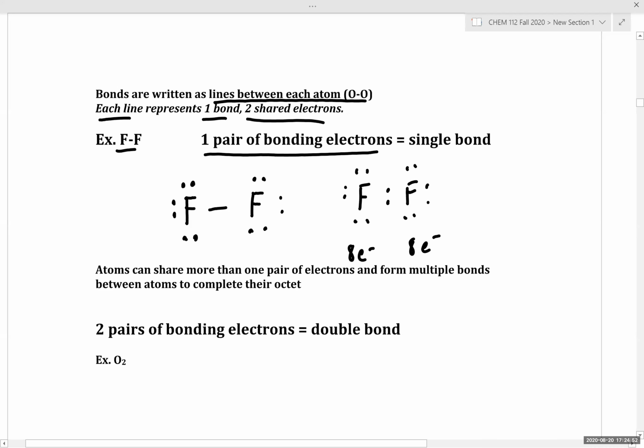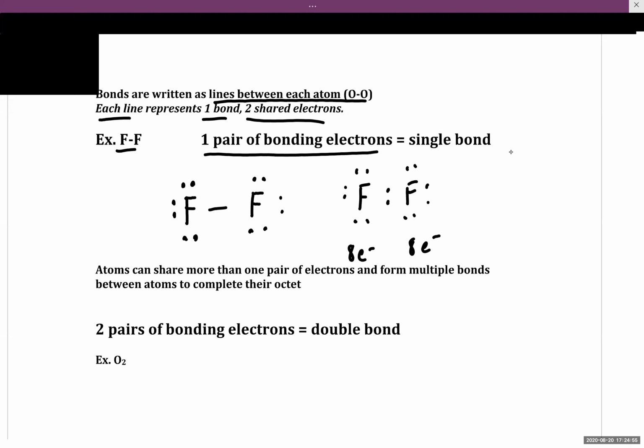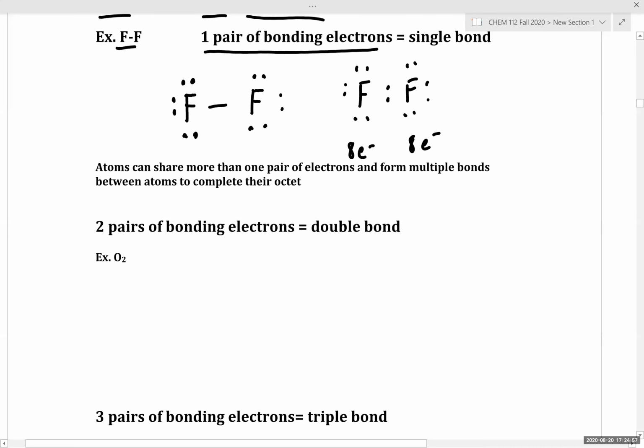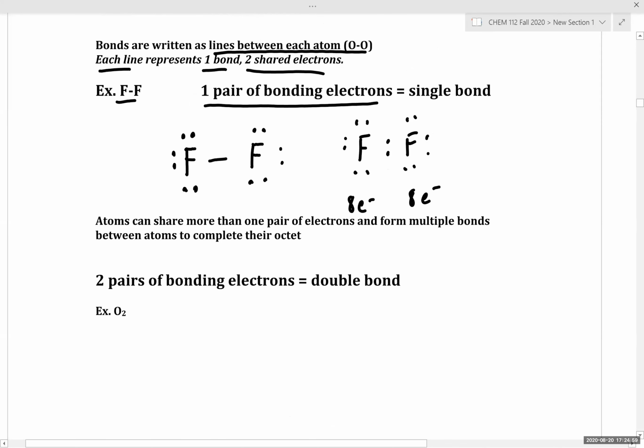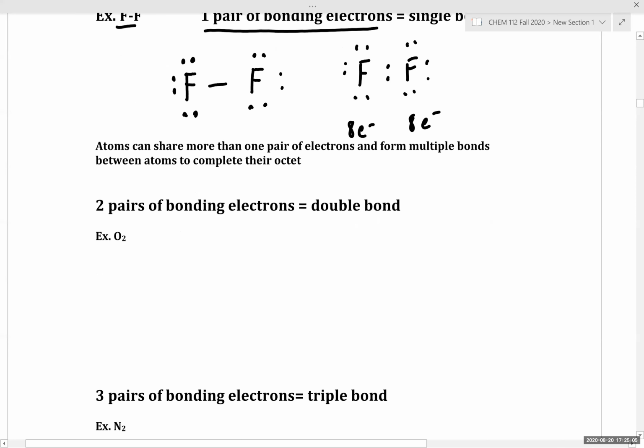Now, just like we can have multiple lone pairs, we can just as easily share more than 1 pair of electrons between our atoms. So 2 pairs of bonding electrons leads to what is known as a double bond. For example, in oxygen, you can draw a Lewis structure that contains a double bond between the 2 oxygen atoms.